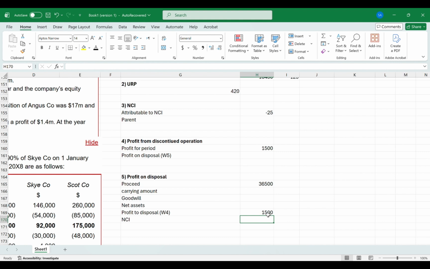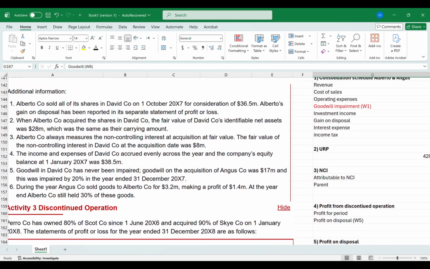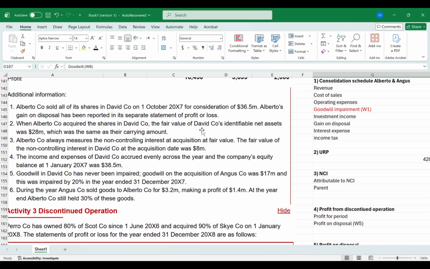Then for goodwill, there is a working 6, because you need the closing goodwill amount after the impairment and all. The amount of goodwill that you have been given is the opening goodwill. Then net asset value has been given as 38.5.